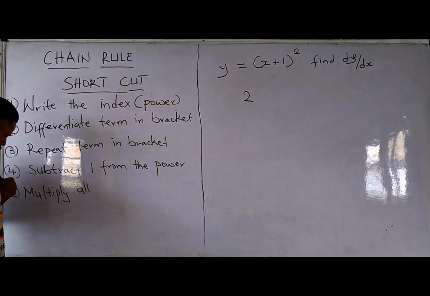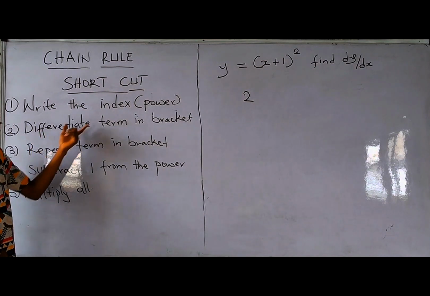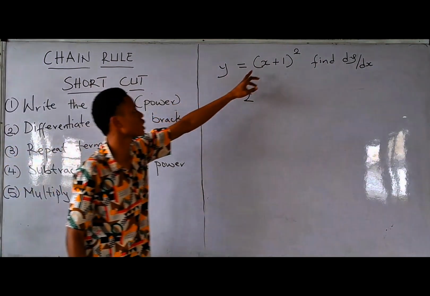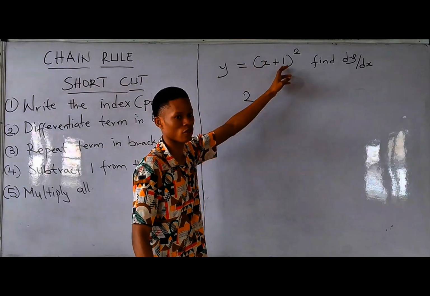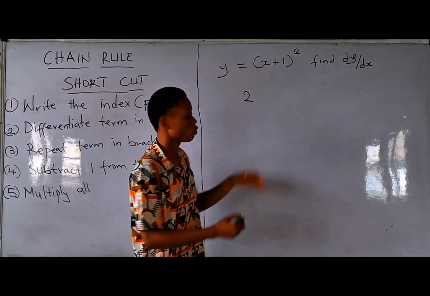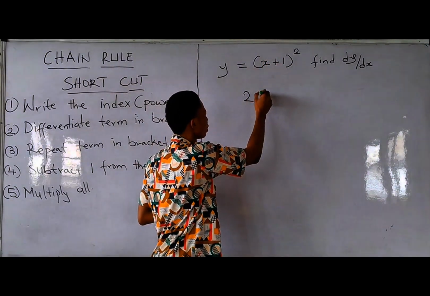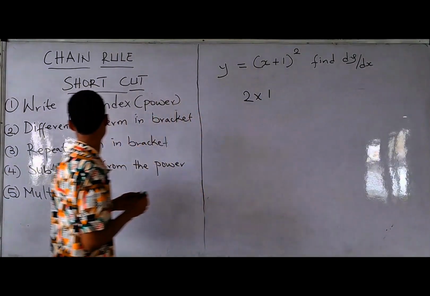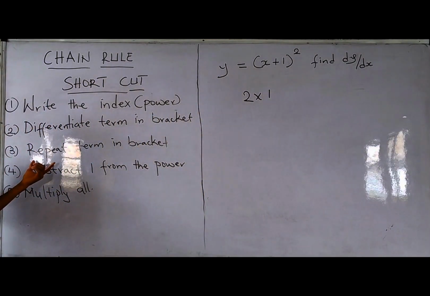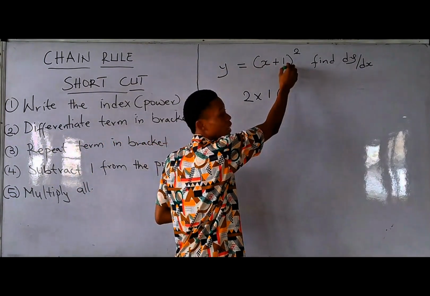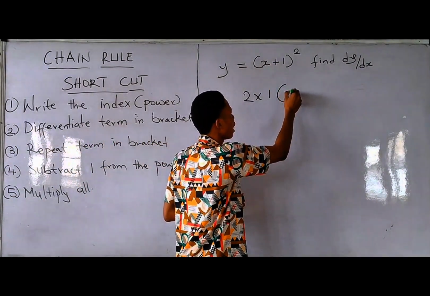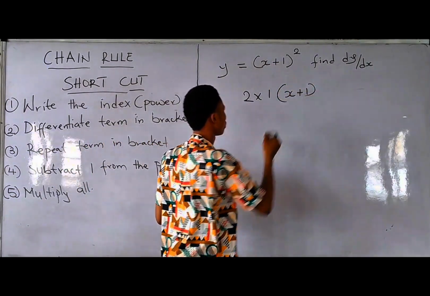Next, differentiate the term in brackets. So anything in brackets here, you differentiate it, right? So if you differentiate this, what do we have? 1, right? If you differentiate anything here, you have 1. Next is what? Repeat the term in bracket, meaning everything in this bracket, write it again. x plus 1.